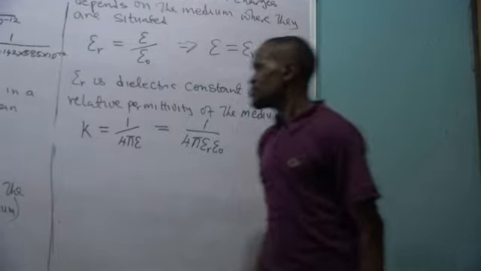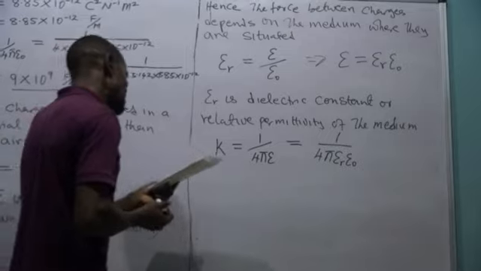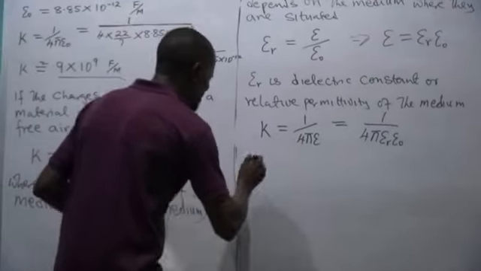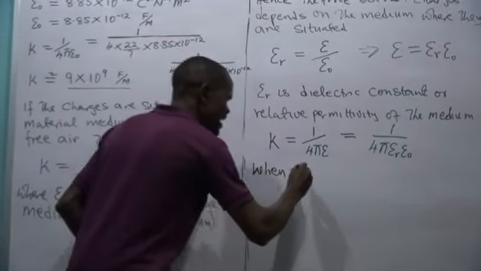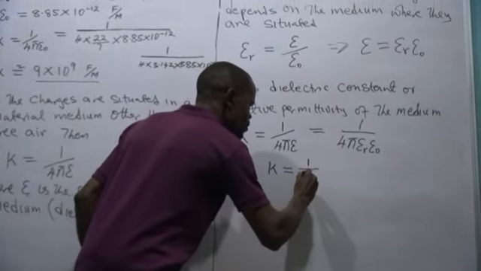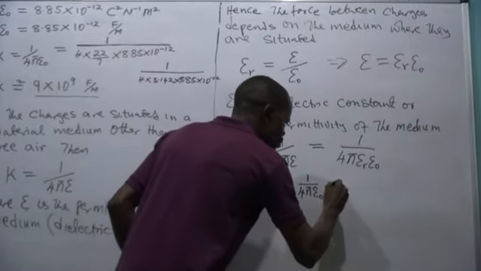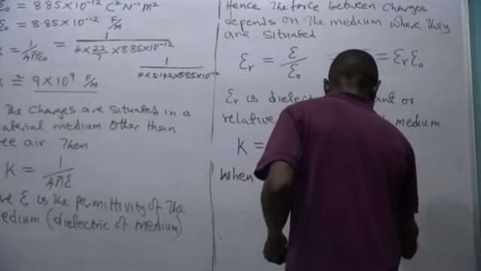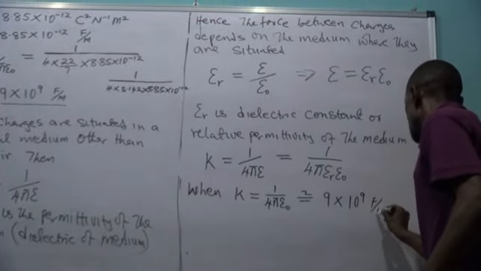Note this. Then we move to the case where K is equal to 1 over 4 pi epsilon o, which is approximately 9 times 10 raised to the power 9.